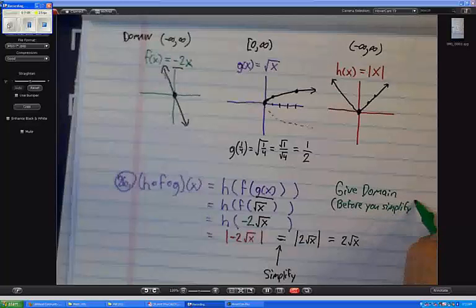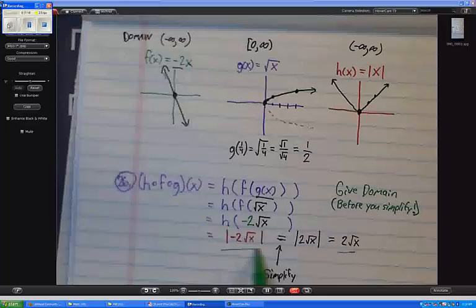In other words, don't look at the black. What you want to do is look at the red and ask yourself, what's the domain of that function? Now remember, the domain is the set of inputs that are possible. So when I look at it, I say, well, what's not possible? What is it that we're not allowed to put in for x?